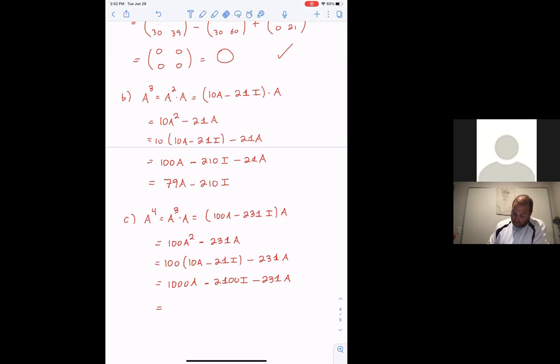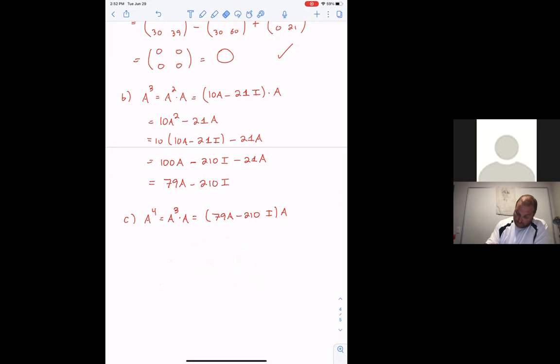So A to the fourth is A cubed, which we just established to be 79A minus 210I, times A. Well, let's just erase all of this and redo it. So I get 79A squared minus 210A. What is A squared? Well, it's still 10A minus 21I, minus 210A.